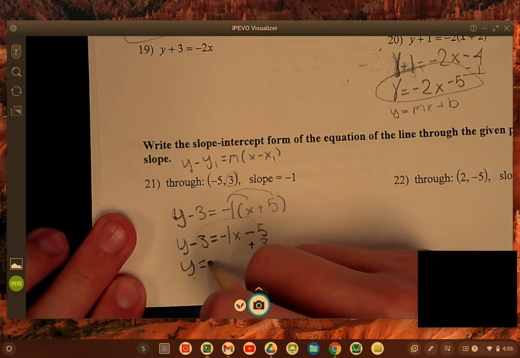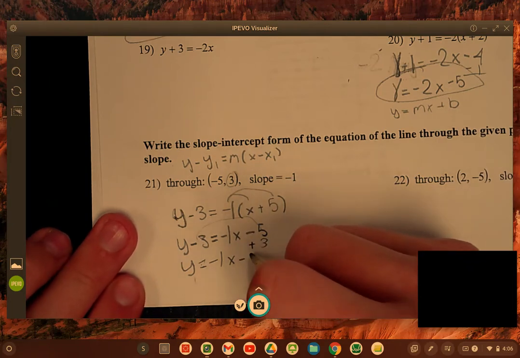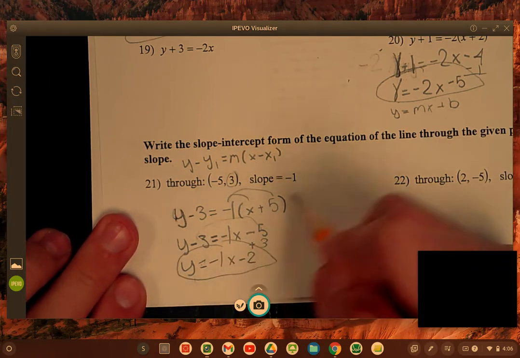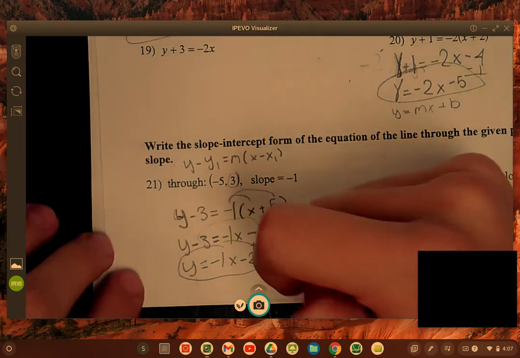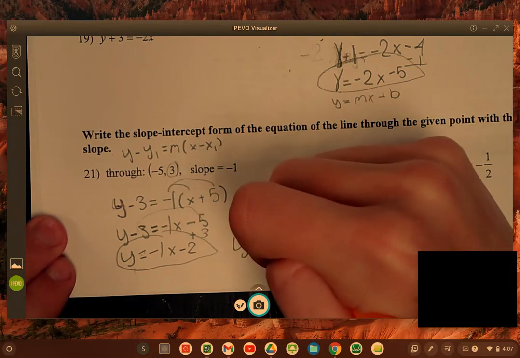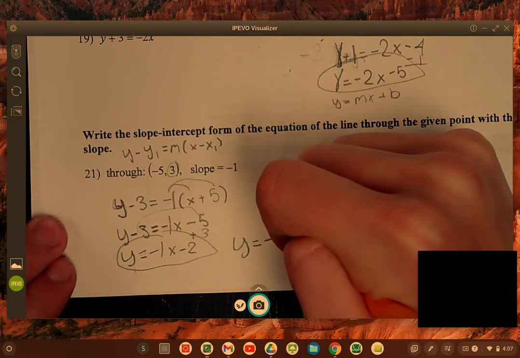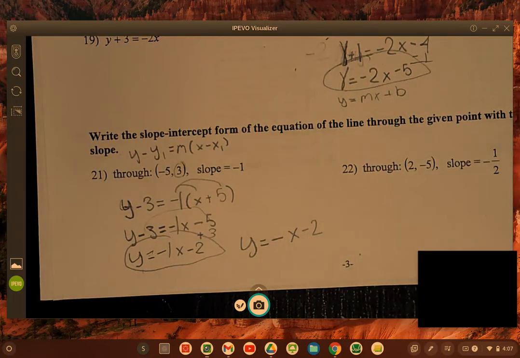And that equals -1x minus 2. And that's the answer. I love it. If I didn't want to have that 1 there, I don't have to, but I can. It's also fine. It can be written as y equals negative x minus 2. I love it so much. Yeah. Okay, what's on the next page?